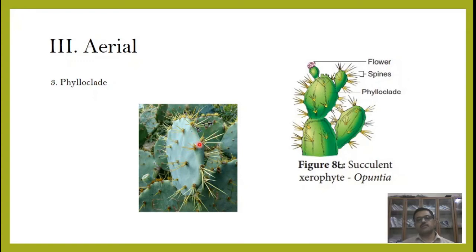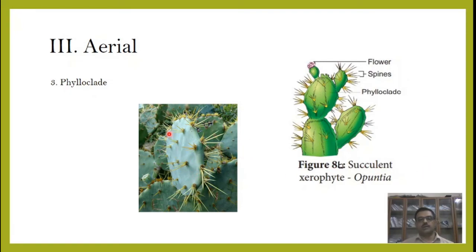So as green colored leaves are not present, chlorophyll containing leaves are absent, the stem becomes green. The stem gets filled with the chlorophyll containing plastid or chloroplast, and it is the stem that performs the function of photosynthesis. Also, these stems are succulent.